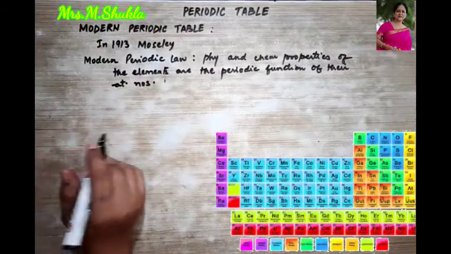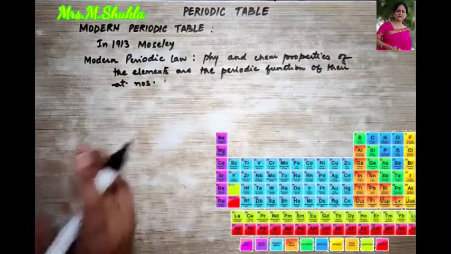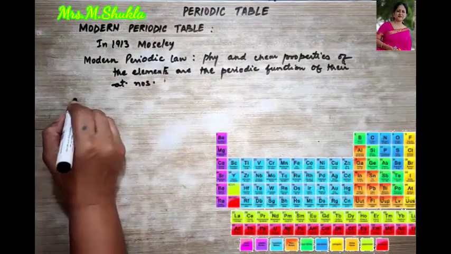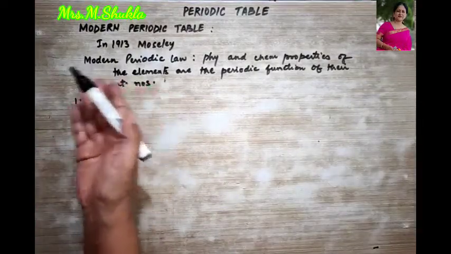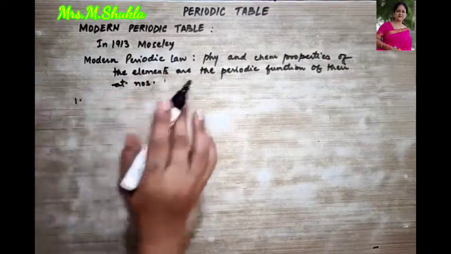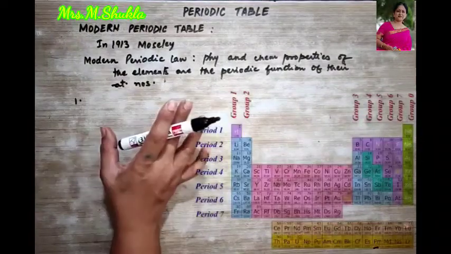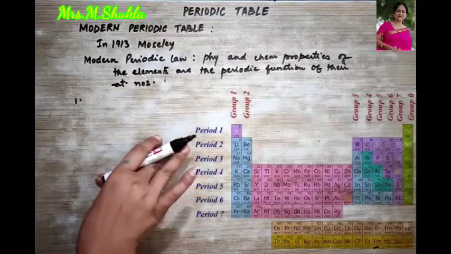Now let us describe the modern periodic table. Let us learn some more points about it. The first point is that this table is based completely, as I told you, on the modern periodic law, right? The elements are arranged in increasing atomic numbers such that elements with similar properties occur in the vertical column, which is called a group.